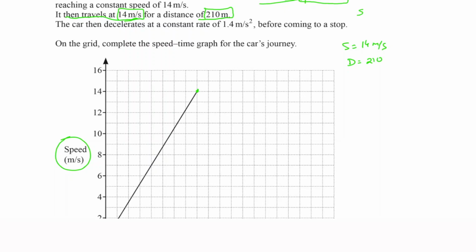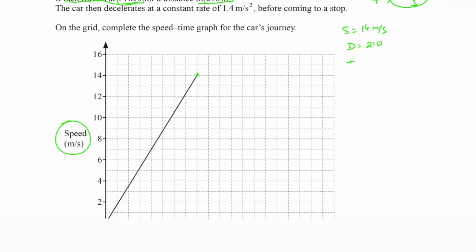You know the universal formula for speed is distance by time, and from there the time is distance by speed. We will use this formula because we need the time to plot the graph. Distance is 210 and the speed is 14. If you divide this, you will get 15 seconds.